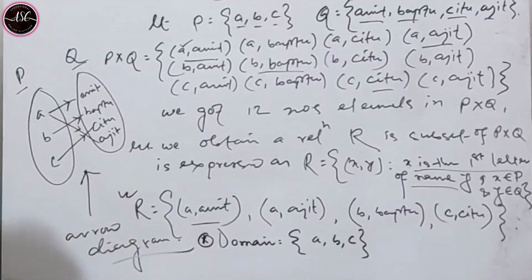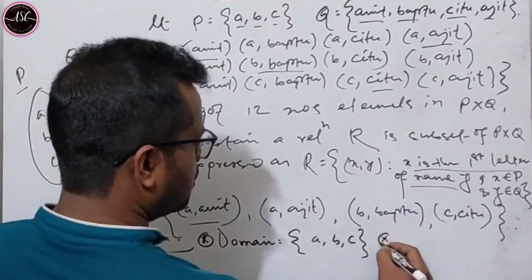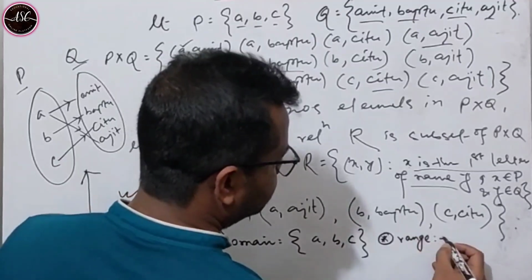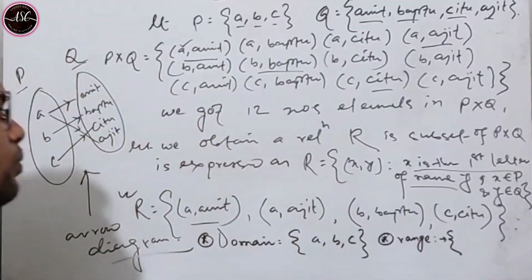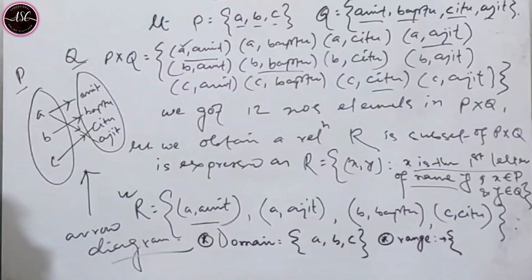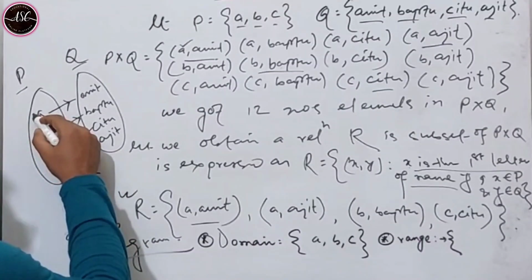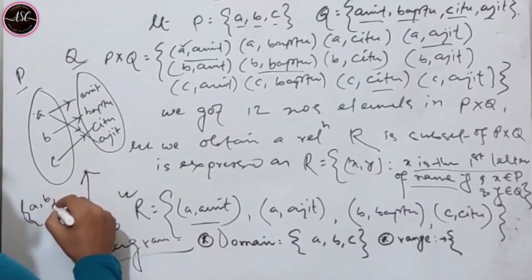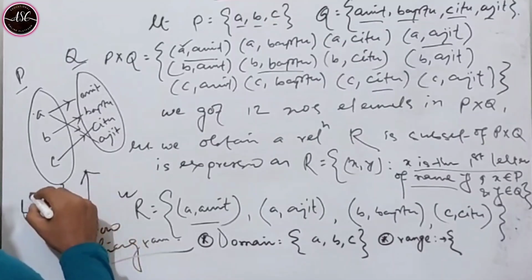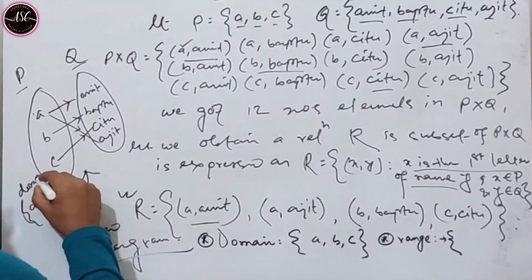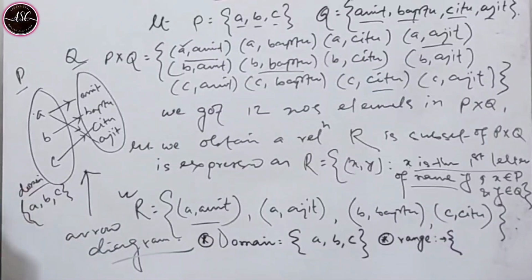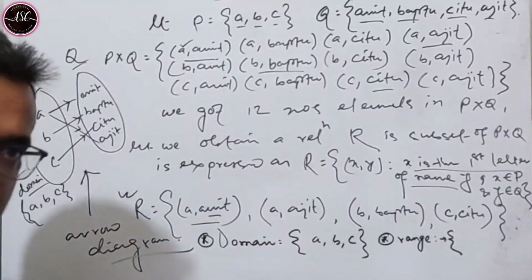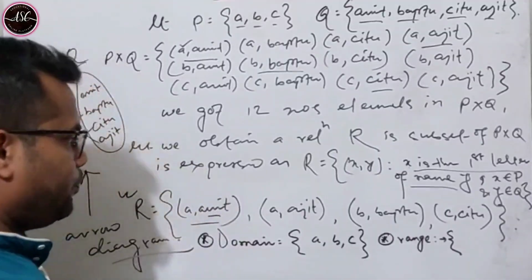Then range of R. What will be the range of R? So this A, B and C is the domain. Okay, this is the domain. And the set of all the second elements in a relation from P to Q is called the range.